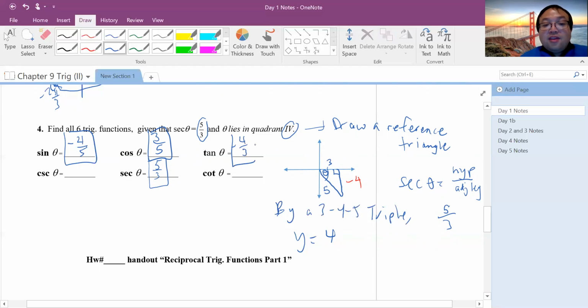And then for cosecant of theta, that's just the reciprocal of sine, so it's going to be 5/negative 4. And then for cotangent of theta, just do the reciprocal of tangent, so that's going to be 3/negative 4.